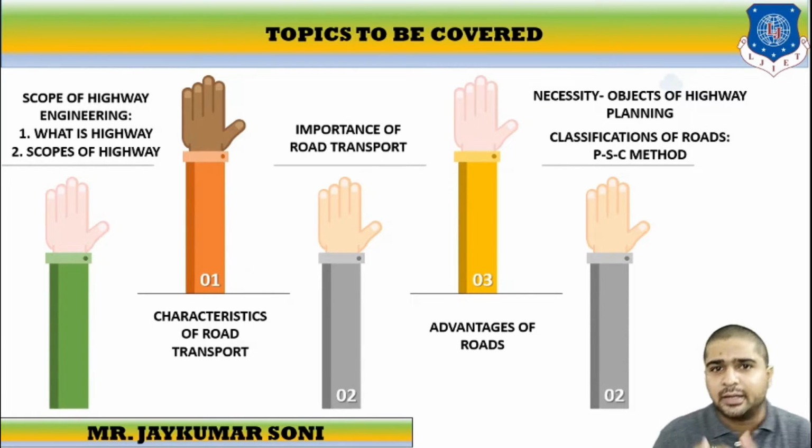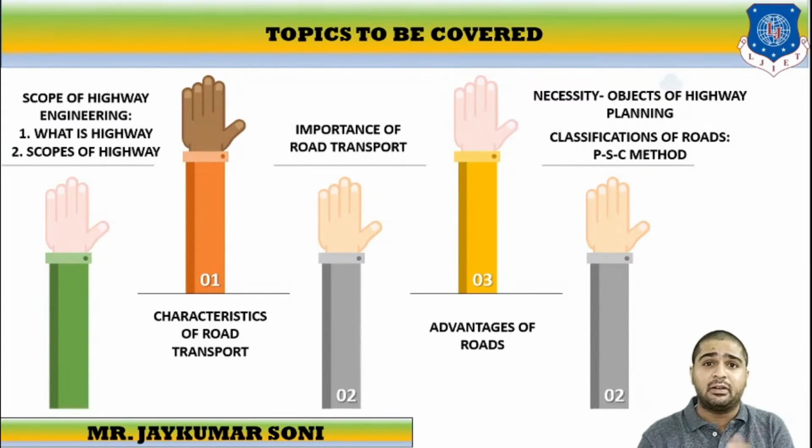Friends, we have heard a number of times, whenever we are traveling on the road, that this is a two-lane highway, this is a four-lane highway, this is a village road, this is a normal road, this is a street. So you might be wondering a number of times in which kind of road we should use the term highway, when we should use the term road, when we should use the term street, what are the distinguishing differences between all these highways, roads and streets and various kinds of roads.